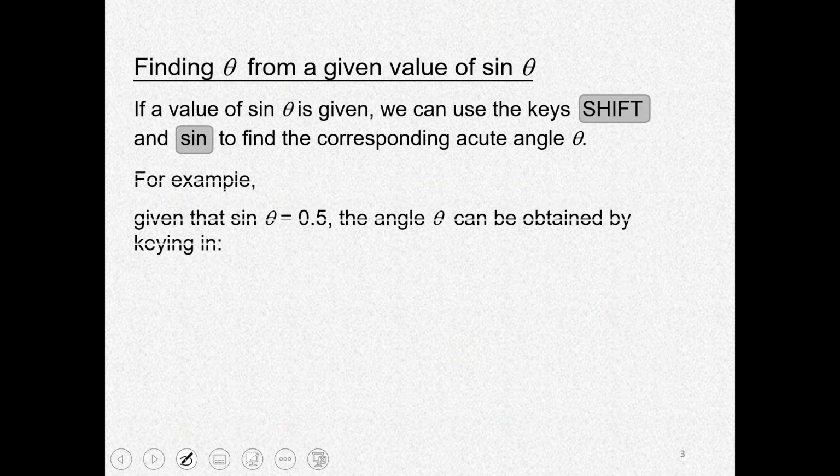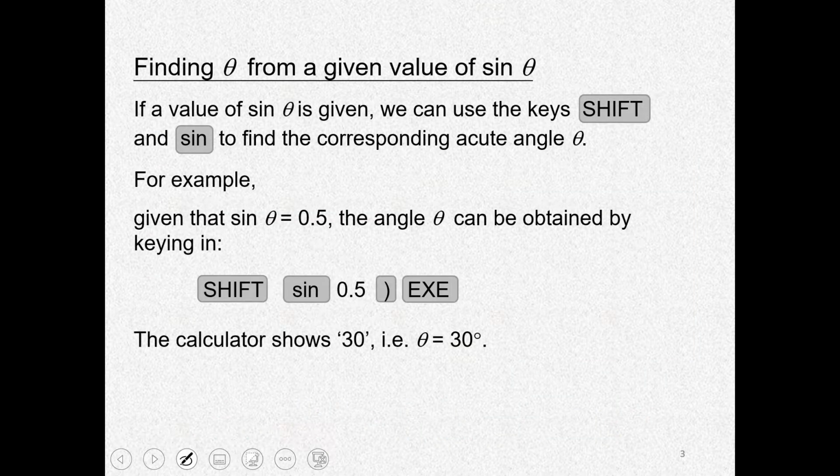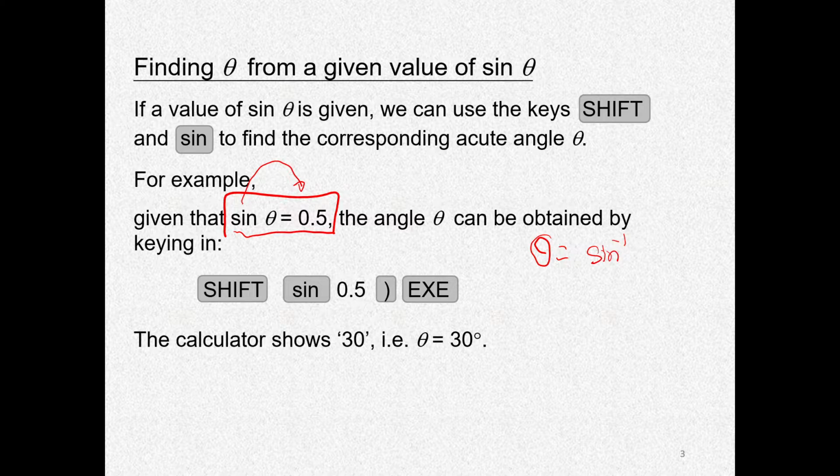So let's start. If I give you this question, sine theta equals 0.5, then how can we find out the value of the angle theta? In order to find out theta, we need to move the sine to the right hand side, right? So it turns into sine to the power of -1 of 0.5.